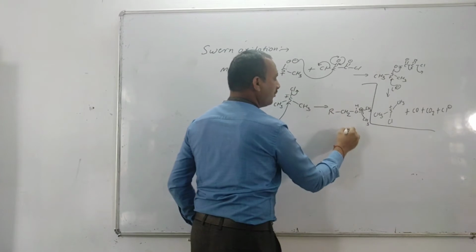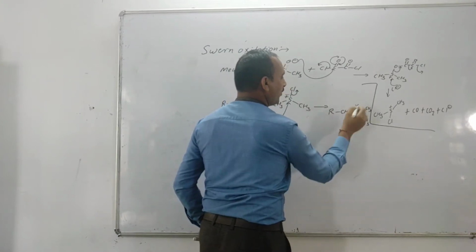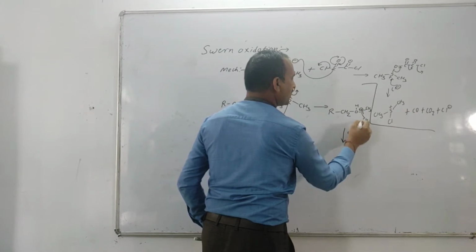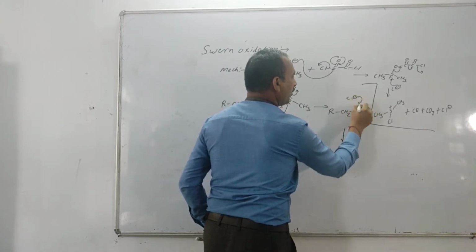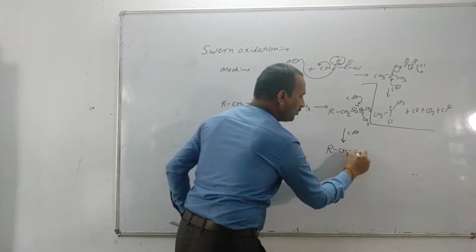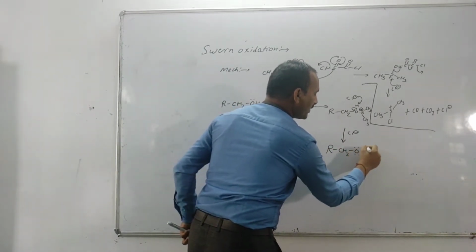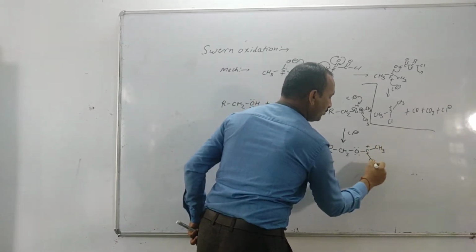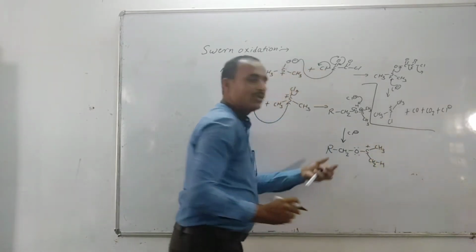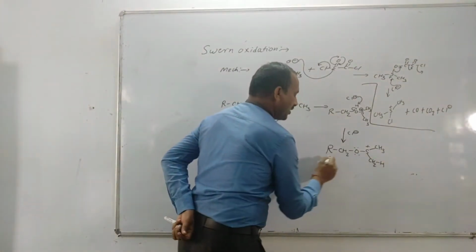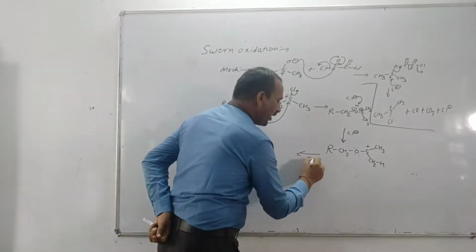That Cl minus takes the proton, the lone pair of oxygen is retained. It becomes RCH2 O S plus CH3 CH2 H. So for abstracting the proton, I write here CH2 H. Then triethylamine is a base.